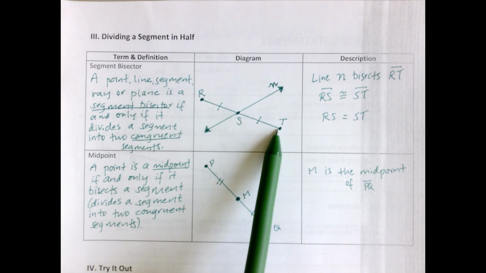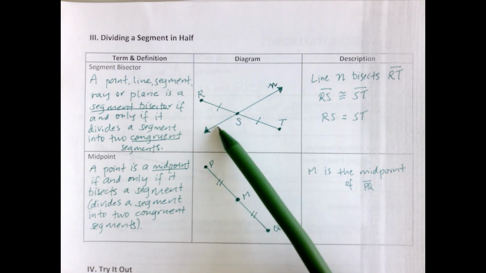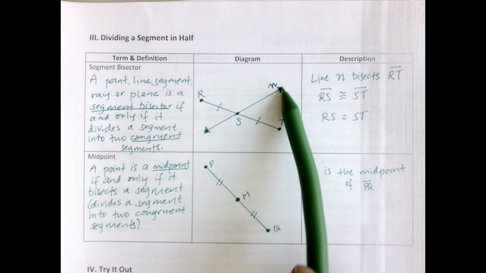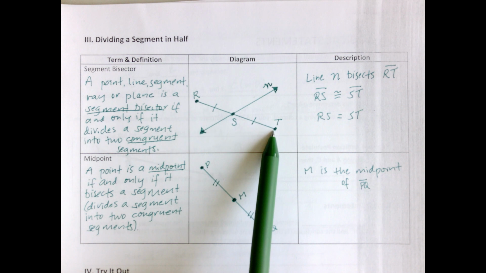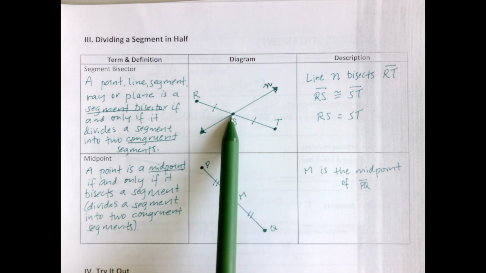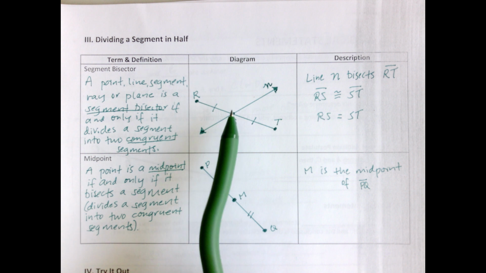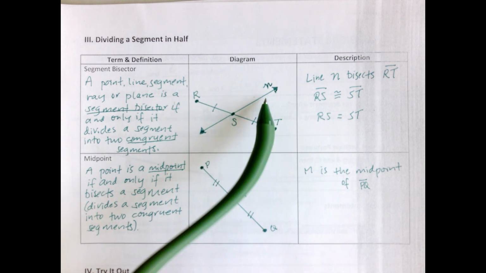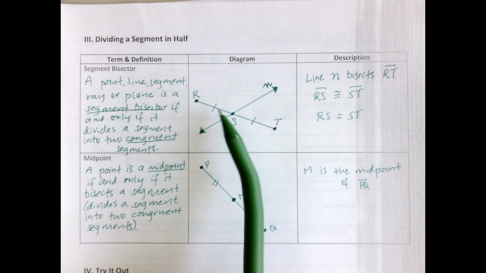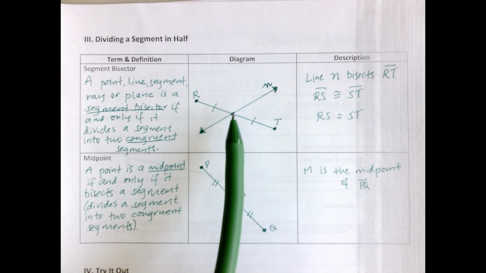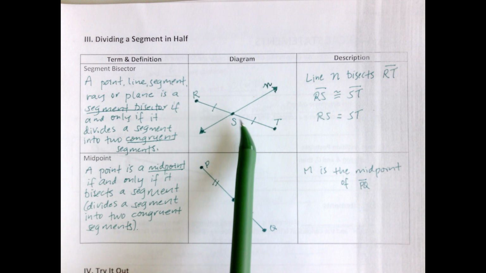But what happened here? I noticed that this line intersects segment RT, and it intersects at point S, okay? Line N is a segment bisector. Line N is taking this segment and splitting it into two congruent parts.